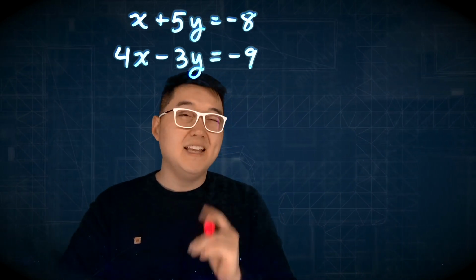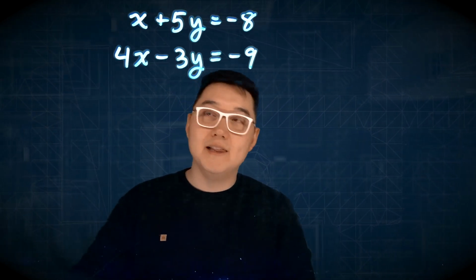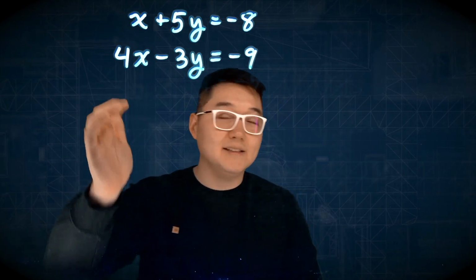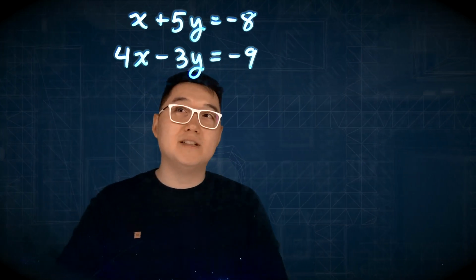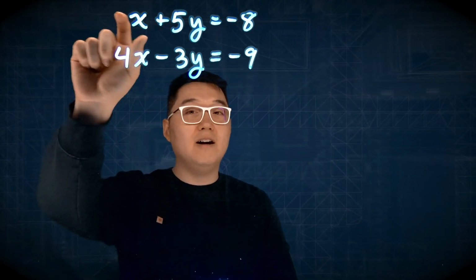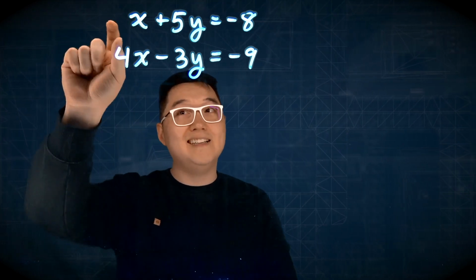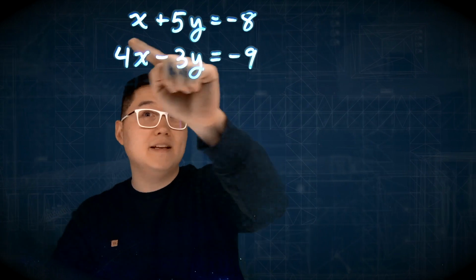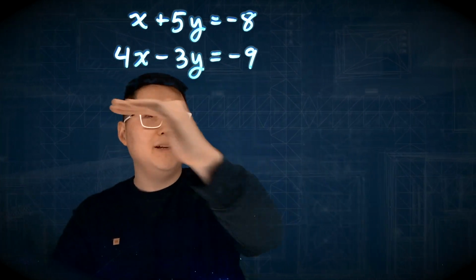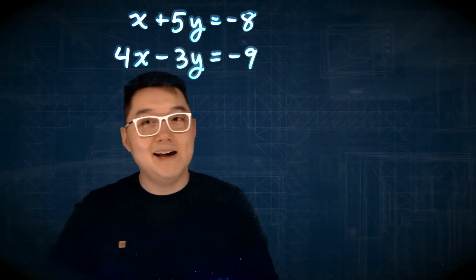Okay, in this example, let's try to eliminate the x's. Well, if this has a coefficient of 4 for x, then I wish that this equation right here also had an x term with a negative 4x instead. Because if this was a negative 4x and this is a positive 4x, when you combine them, they cancel out.